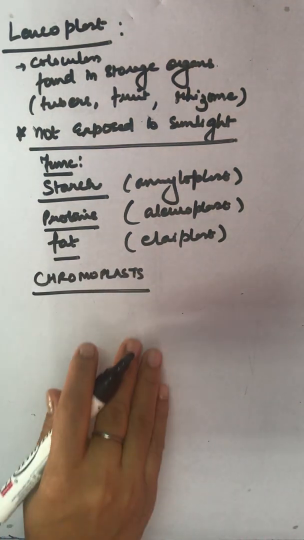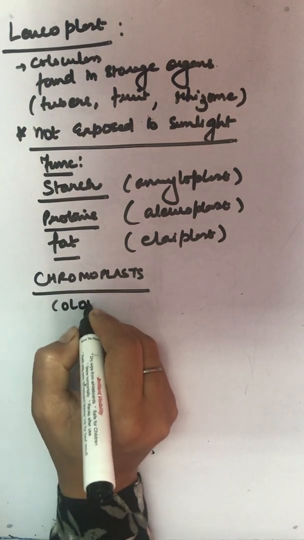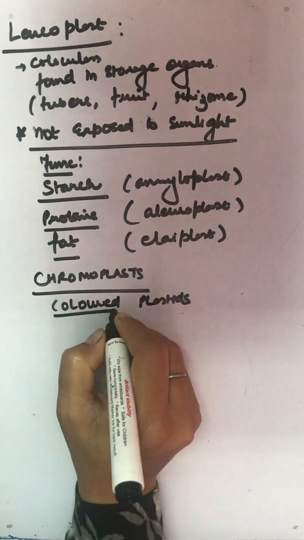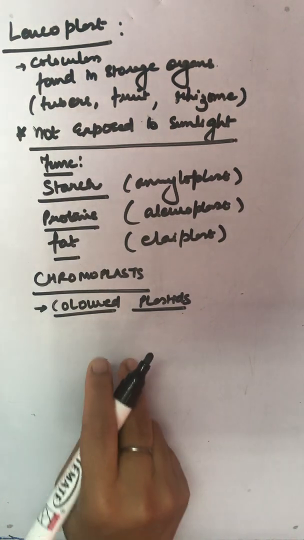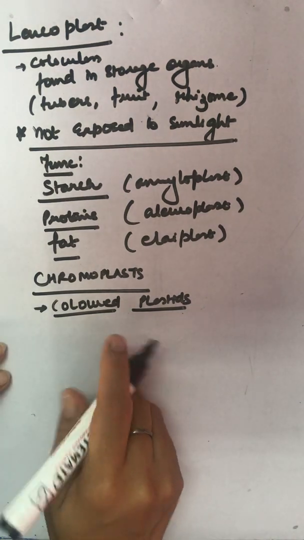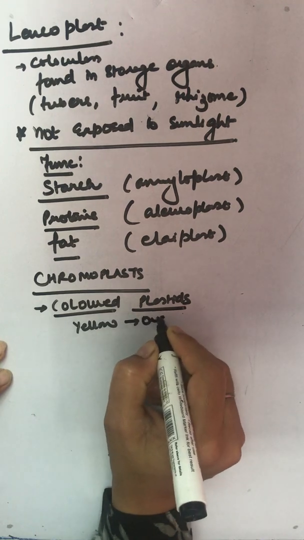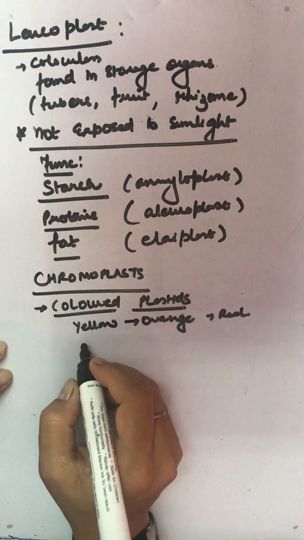Chromoplast. Chromo stands for color. So these are the colored plastids. These ones were colorless. These are colored plastids. And they range from yellow, orange to red pigments.